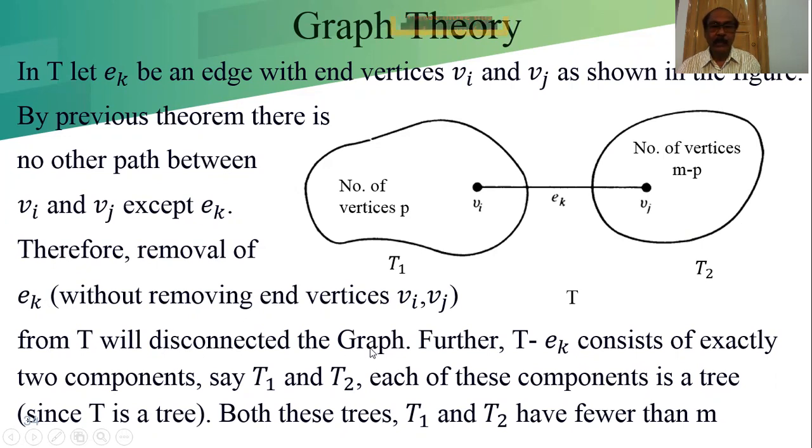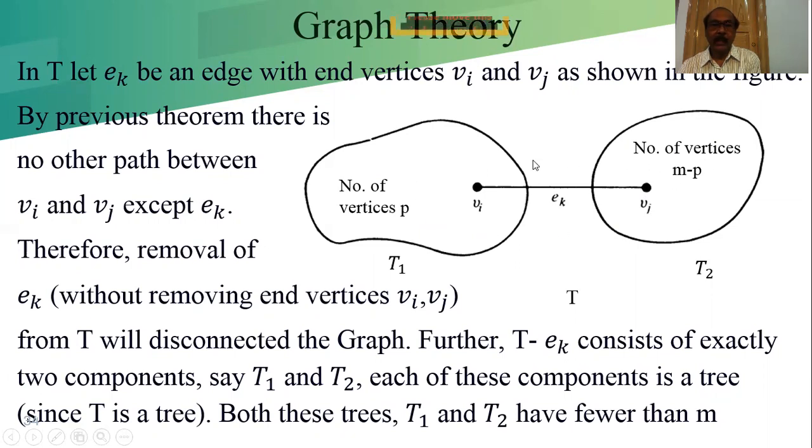T will be a disconnected graph. Further, T minus Ek consists of exactly two components. Let us consider T1 a tree with p number of vertices and T2 a tree with m minus p number of vertices.